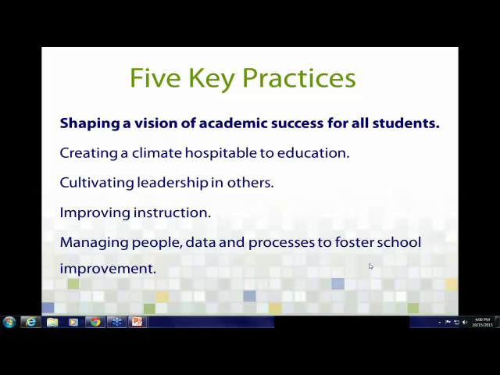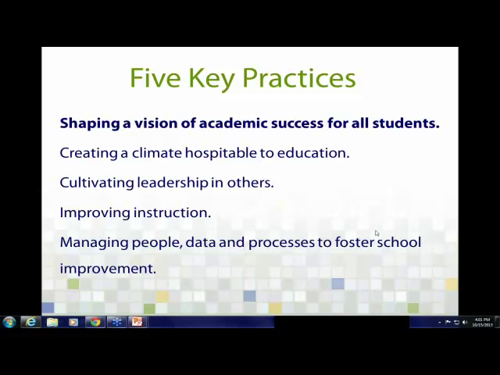These 5 key practices are the critical areas that the research the Wallace Foundation has conducted over 70 years brings to the forefront of a principal's life and the way that schools are led. As we take a look at these 5 key practices, this webinar is going to be focused on the first practice, shaping a vision of academic success for all students.